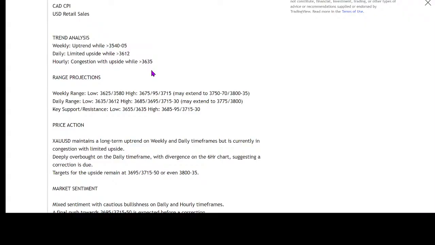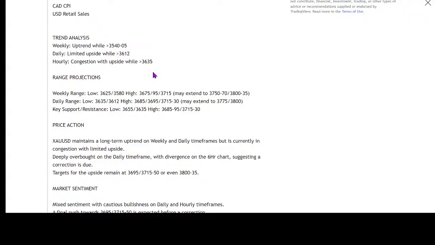So that means all the signals are pointing up, but the only clue is the hourly is going to be limited up. So that means we may be seeing the price turning down soon. So we got to get ourselves prepared, and we must have cautious trades now, because this is coming towards the end of the trend, which is going to happen soon.